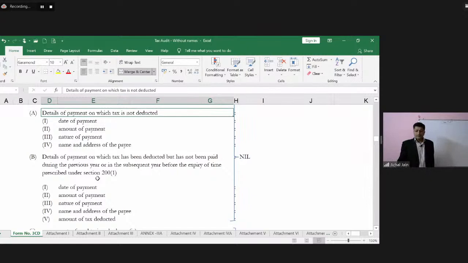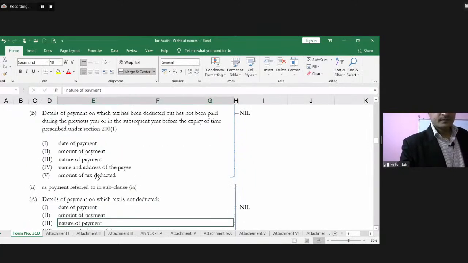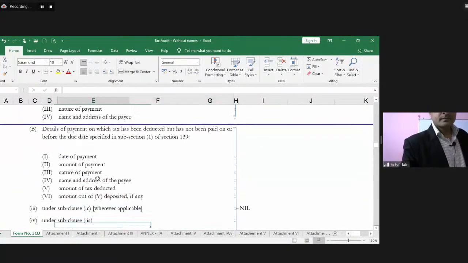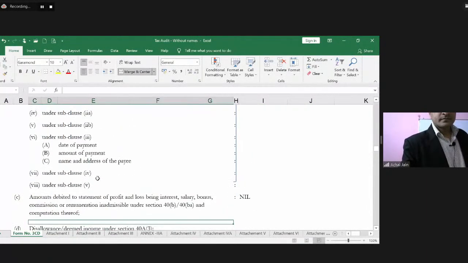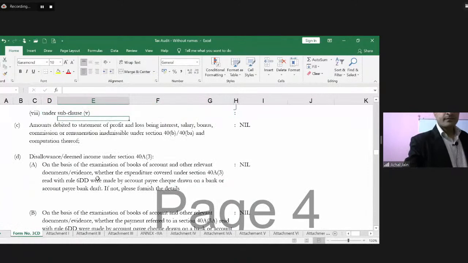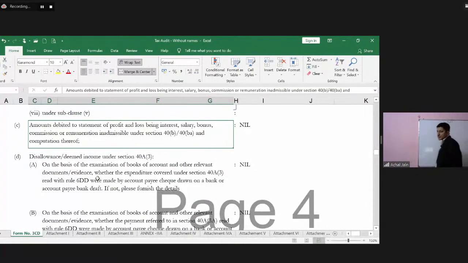Moving further on to point number C. Amounts debited to the statement of P&L being interest, salary, bonus, commission, or remuneration inadmissible under section 40B, 40BA.